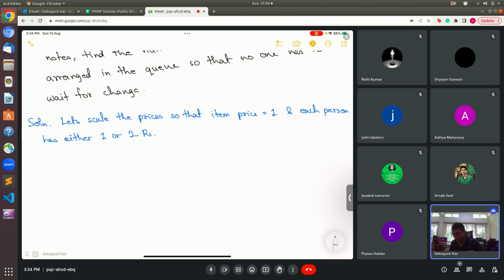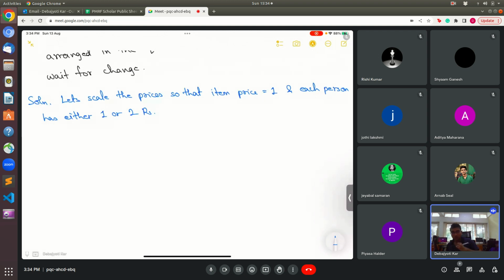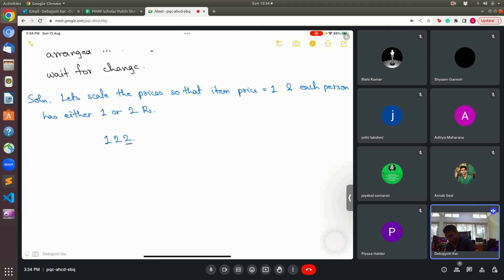So what does that mean, in any such arrangement? Let's consider one such arrangement. Suppose a person with 1 is there, then 2 is there, and then again a person with a 2 rupee note is there. The first person does not have to wait for change.